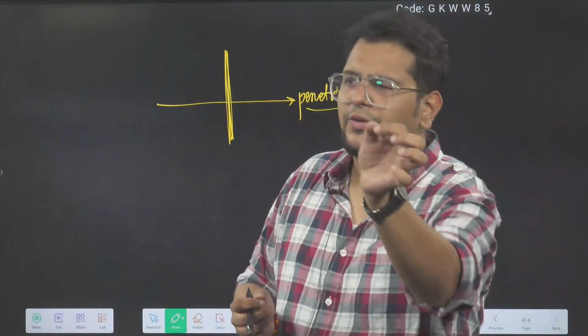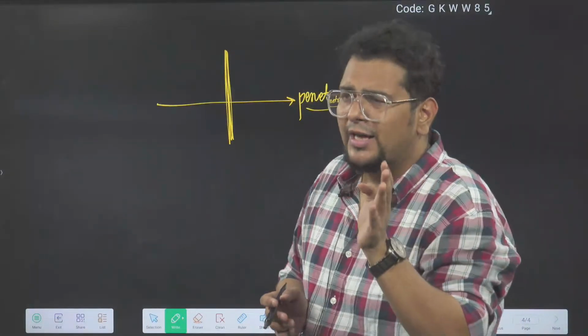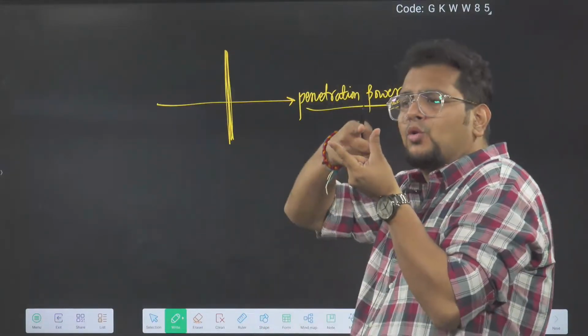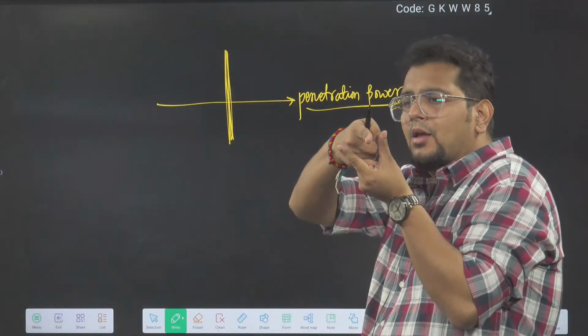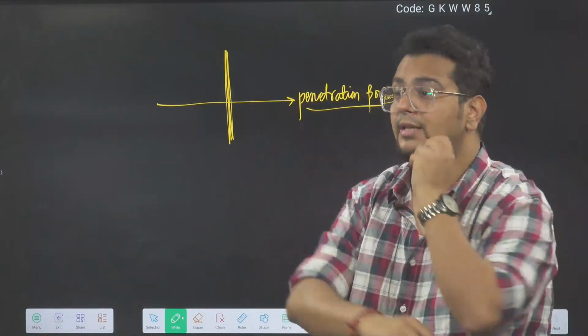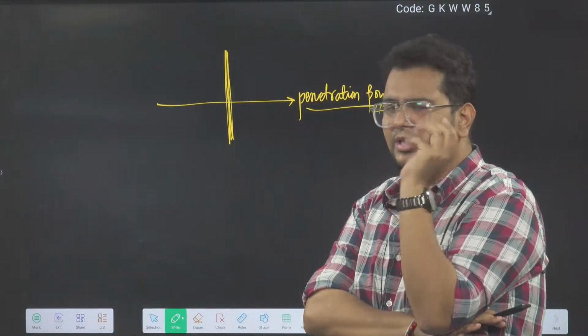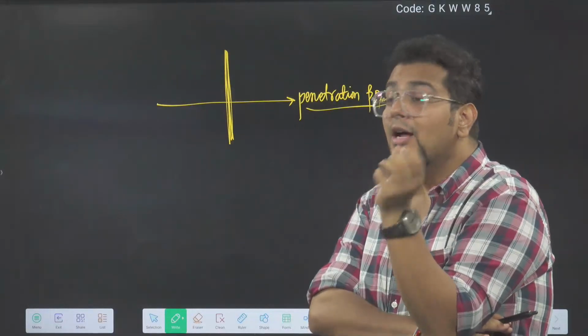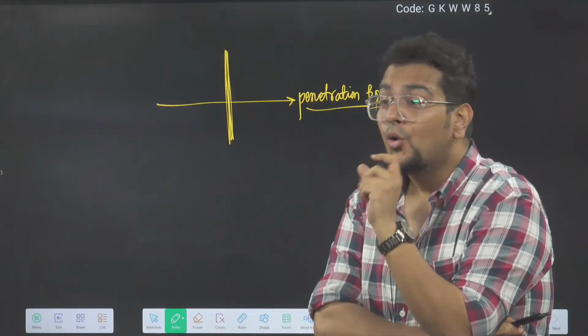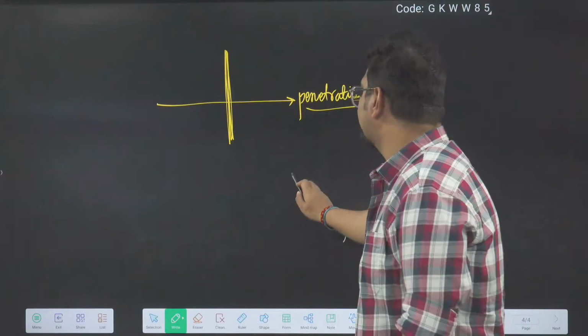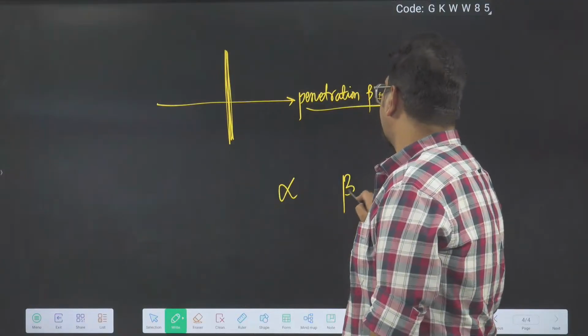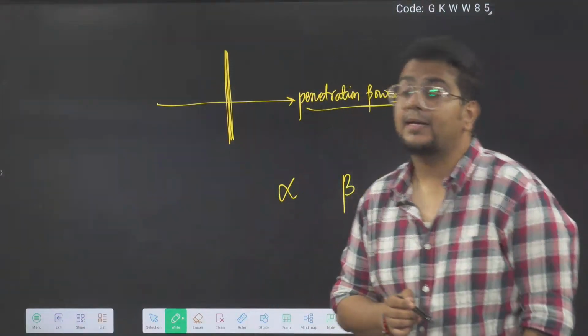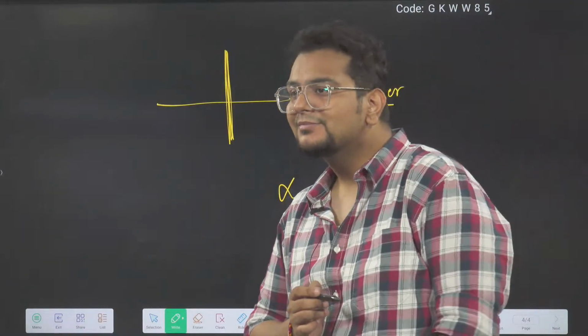Elephant or housefly? A housefly, a mosquito, will it be able to cross easily through a small space, or will the elephant? Housefly. So out of alpha, beta, gamma, whose penetration will be maximum?